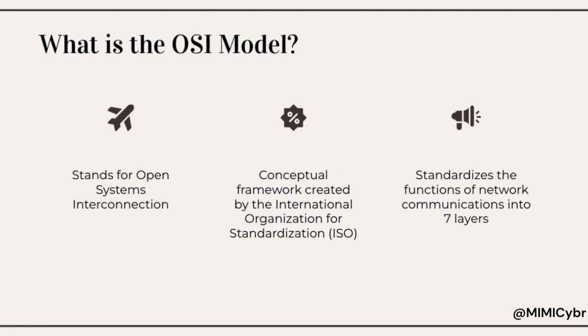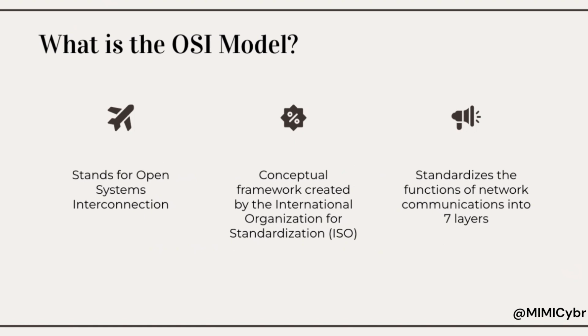The ISO is an independent, non-governmental organization composed of representatives from various national standards organizations. What the ISO does is develop and publish international standards across a wide range of different industries. So we're talking about the technology industry, manufacturing, healthcare, food safety, and environmental management.